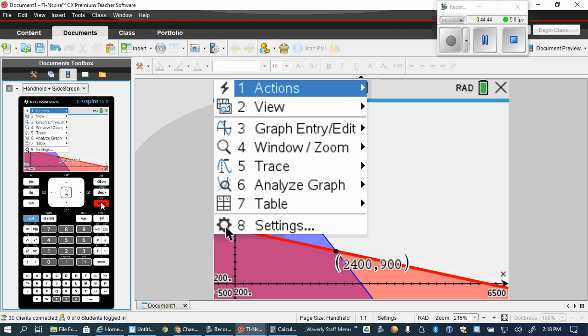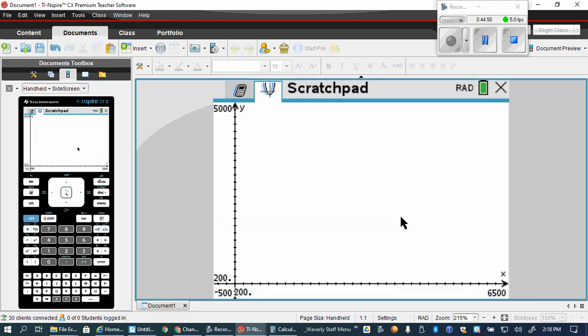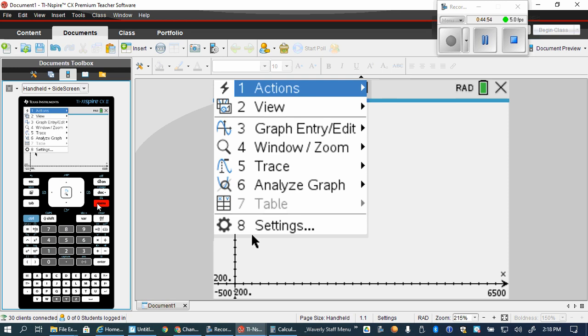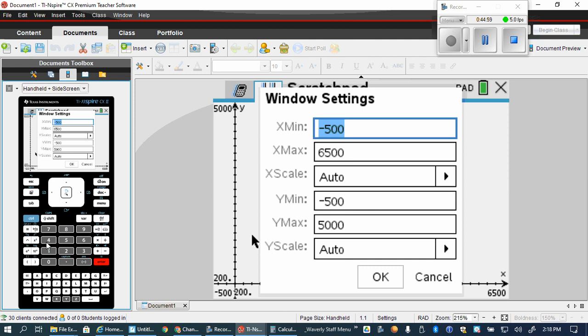Let's get everything out of the menu: clear actions, all 4. Menu, window zoom, 0 to 500, and then 0 to 600.